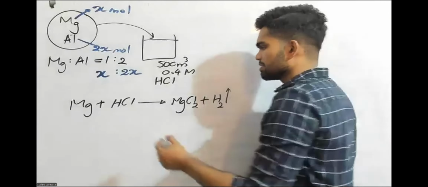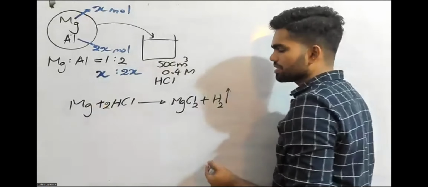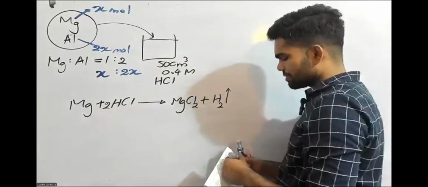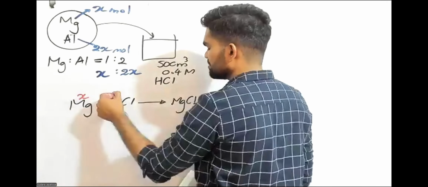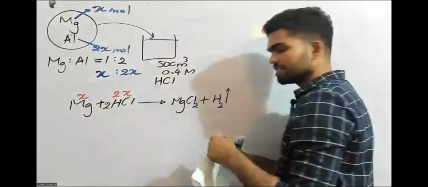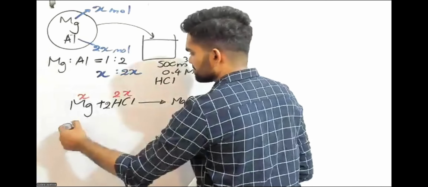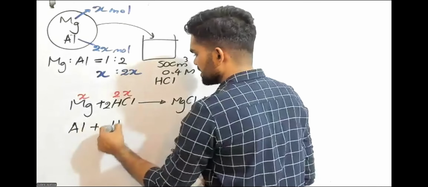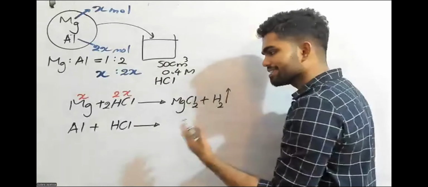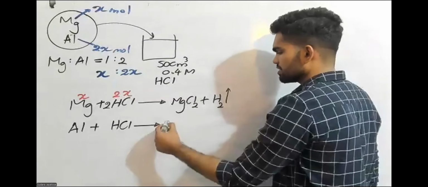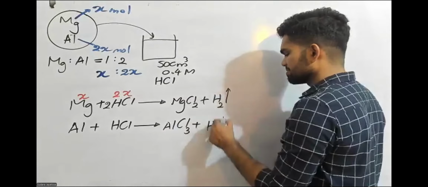So to balance this one, we can use simply the inspection method, and you can put 2 there. So if we took x moles of magnesium, we will be needing 2x moles of HCl. Then take aluminium. Aluminium is actually an amphoteric metal, which means it can react both with acids and bases. It's going to form AlCl3 and hydrogen gas.